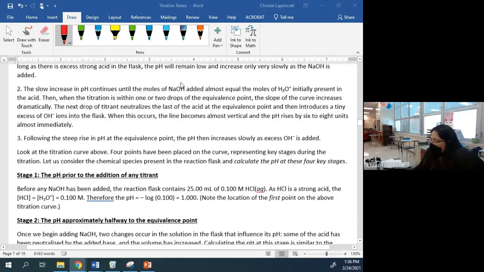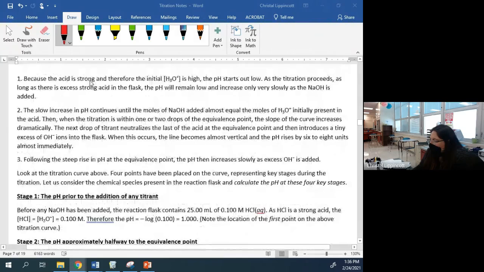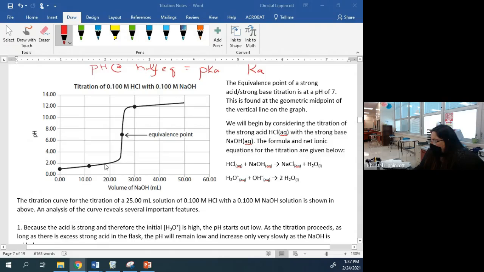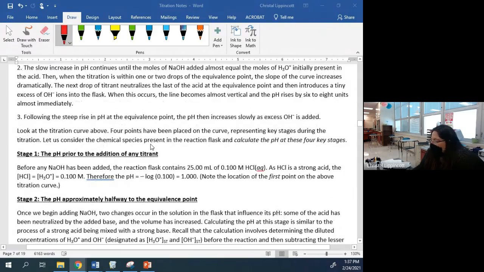Okay, because this acid is strong, the H plus concentration tends to start out very high, so the pH is very low. The titration then proceeds. You're going to add in base because you've got excess acid here. But when we get to this point, now we're going to have excess hydroxide ions, and so that's going to end up being excess base at that point.